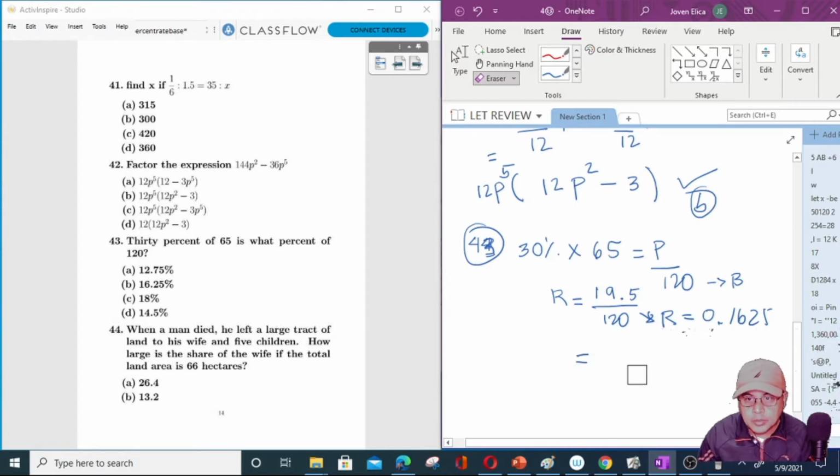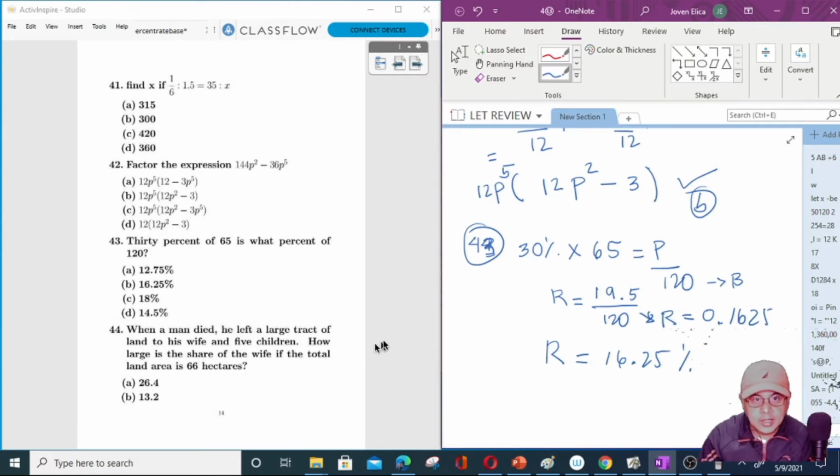So 0.1625, if we change it into a percent, this is 16.25%. 30% of 65 is what percent? Since it says what percent, that means we are referring to the rate. So that's why this is the rate. So the answer is letter B, 16.25.